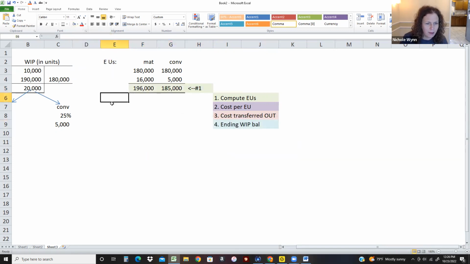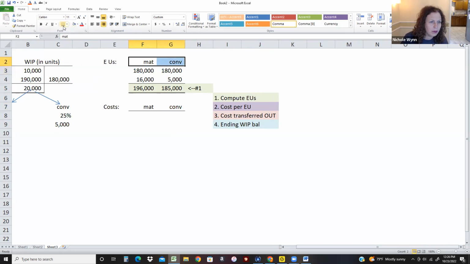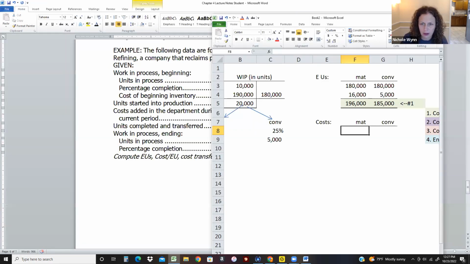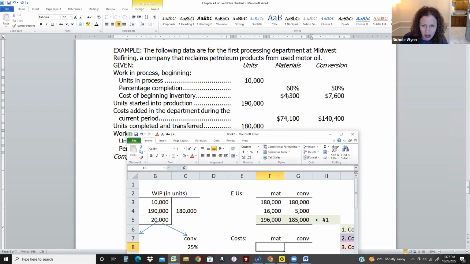Okay, next thing we're going to do is we're going to do our costs. And so we are going to have costs for material and conversion. So let's go find our dollar amounts, and that's from the given. And now when you're looking for dollar amounts, obviously they should have dollar signs. And we have material costs and conversion costs.